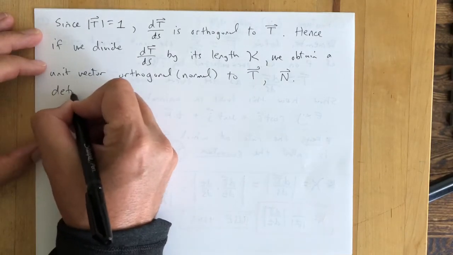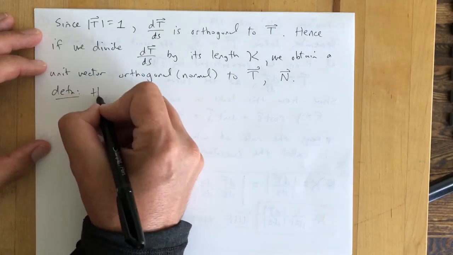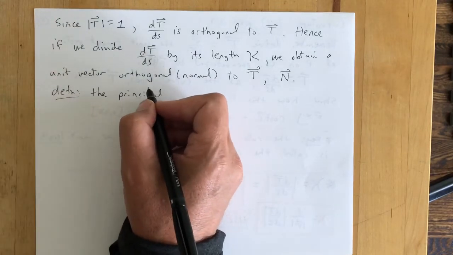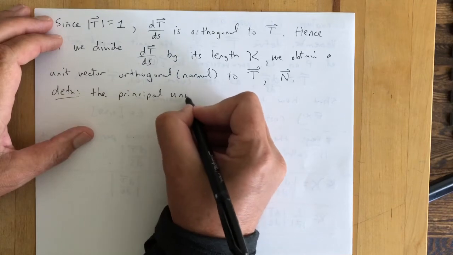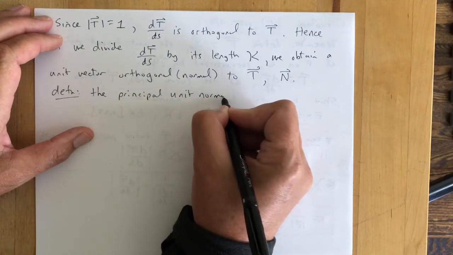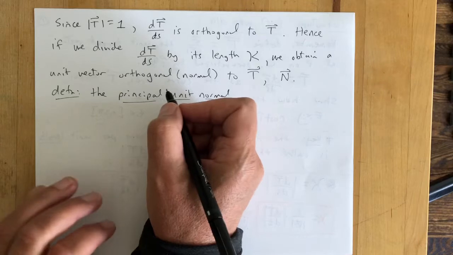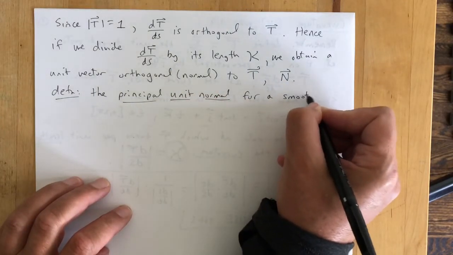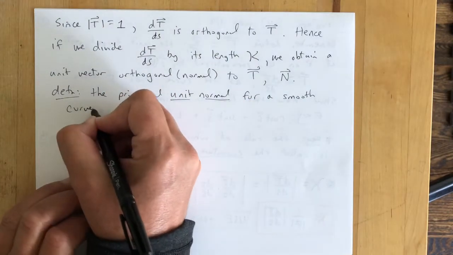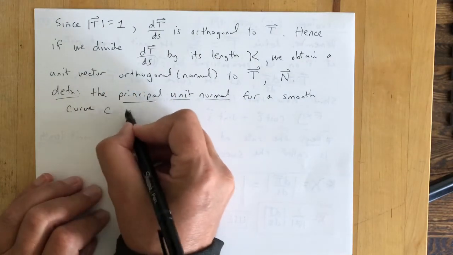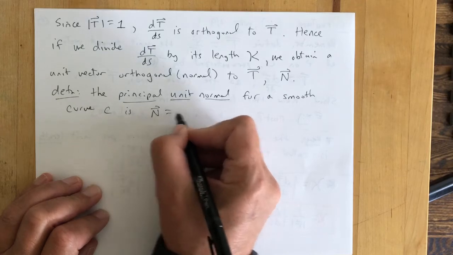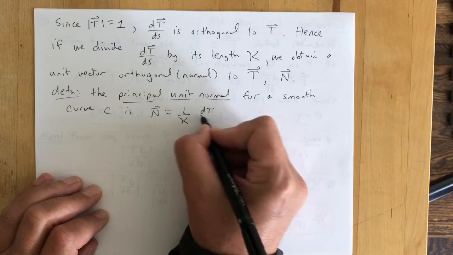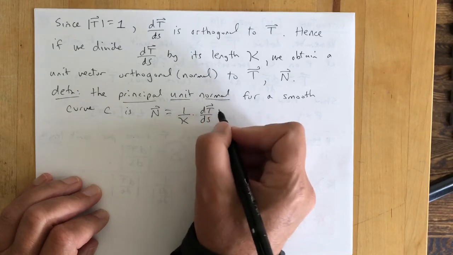And here's the definition. The principal unit normal for a smooth curve C is the vector N, which is 1 over kappa times dT/ds.